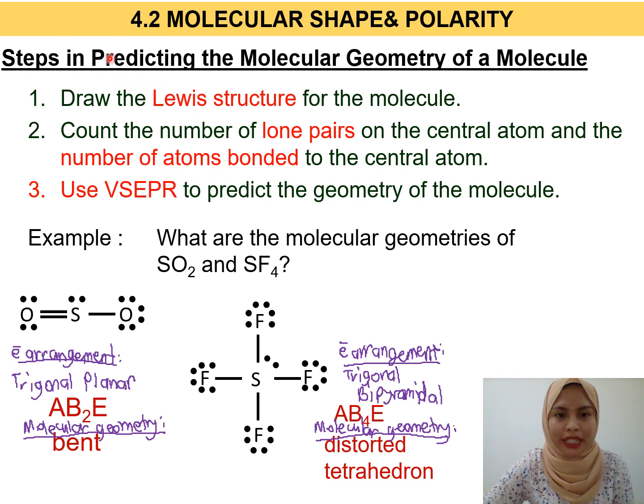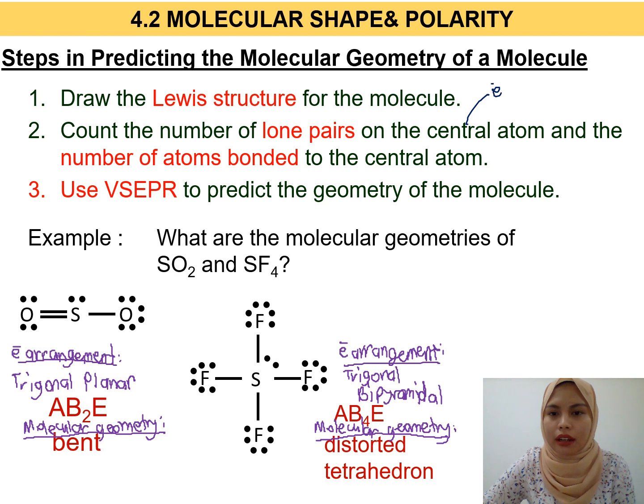Okay, ada beberapa cara yang you boleh lakukan untuk kamu tentukan the molecular geometry of a molecule, which is the first step is you kena tahu macam mana nak draw the Lewis structure for the molecule supaya you boleh tengok the central atom tu. Okay, supaya tengok central atom tu dia ada lone pair ke tidak.